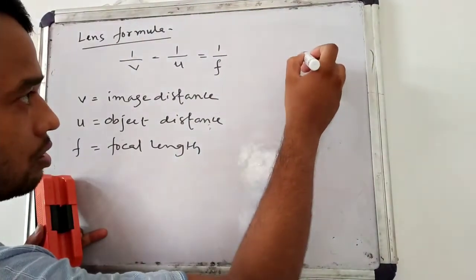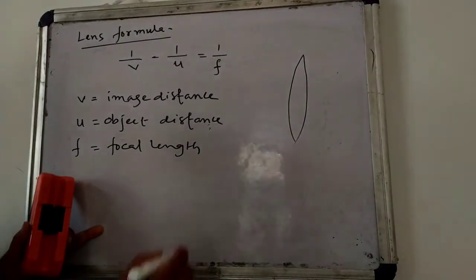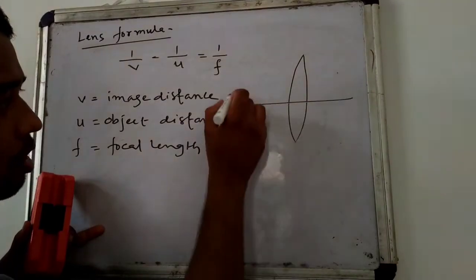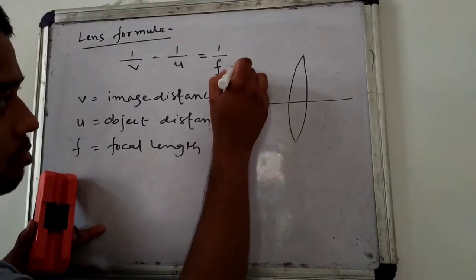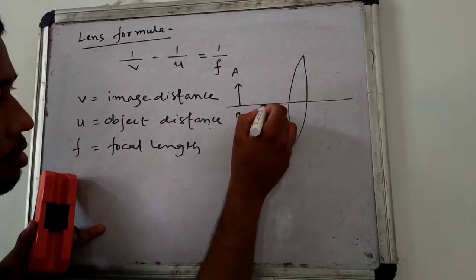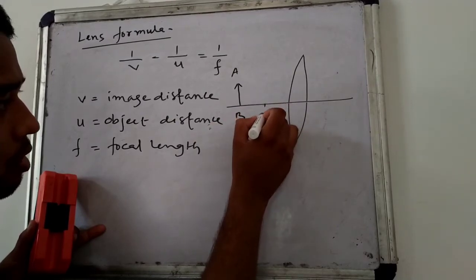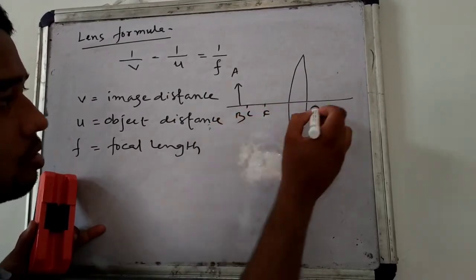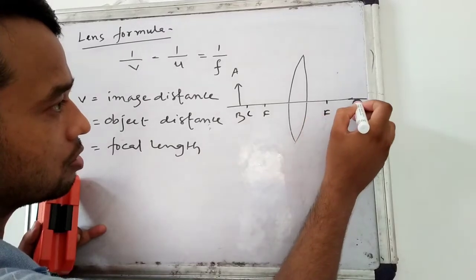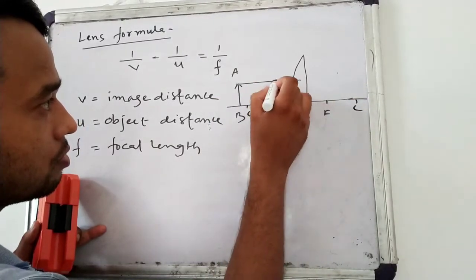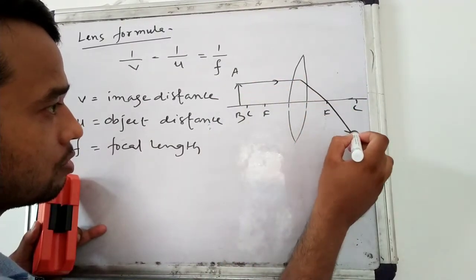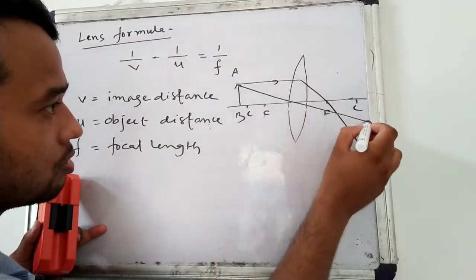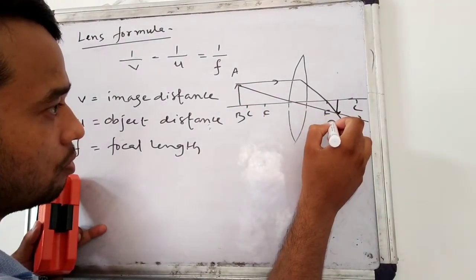Suppose this is our lens. If we take an object here, suppose F C, so image will form here.